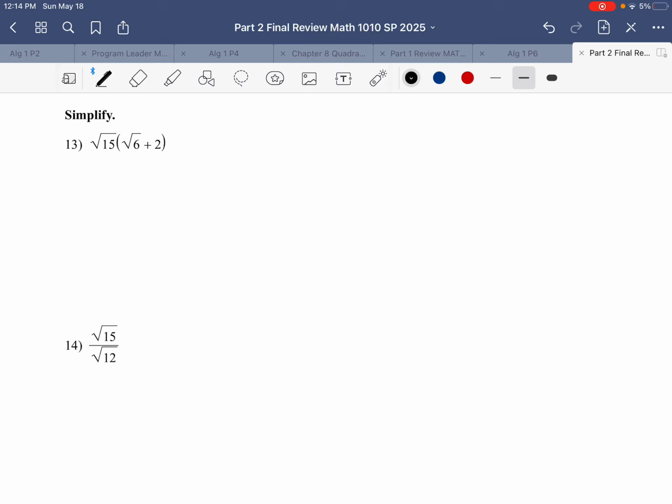All right, so the next part's looking at radicals. I'm multiplying the square root of 15 times the square root of 6 and the square root of 2. So I can rewrite this like the square root of 15 times the square root of 6 plus the square root of 15 times 2. If the index, now there isn't a number in here, but when I see the radical alone, it tells me that the index is 2.